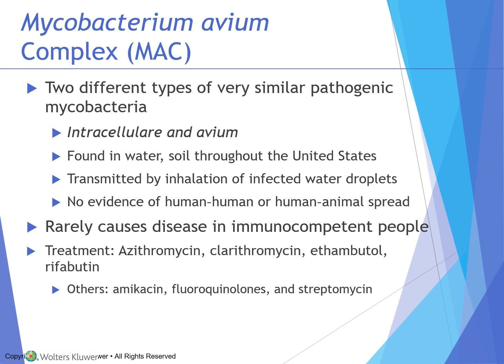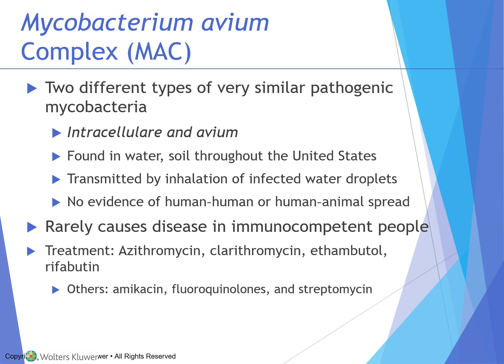Now, there are other medications that could be used, such as amikacin, fluoroquinolones, and streptomycin. Now, I would like to mention that rifabutin interacts with clarithromycin, and it's going to decrease the clarithromycin levels. So I don't think those are 2 medications that it's a good idea to mix.